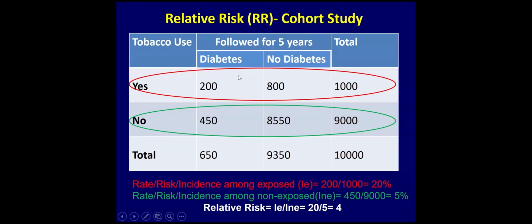In case both had 20%, those who are using tobacco and those who are not, then what would have been the relative risk? It would have been 1, which means when there is no difference in incidence between those who have been exposed and those who have not been exposed, the relative risk will be 1. When there is no difference, that is nothing but the null value.